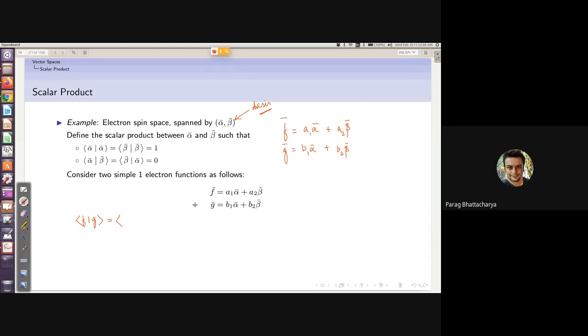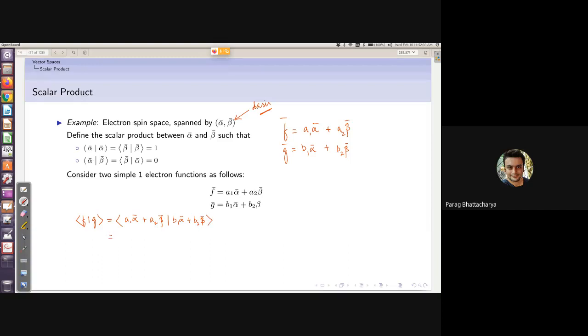What is f? f is A1 alpha plus A2 beta, and g is B1 alpha plus B2 beta. This is what we have.